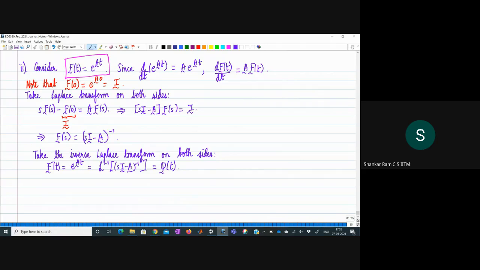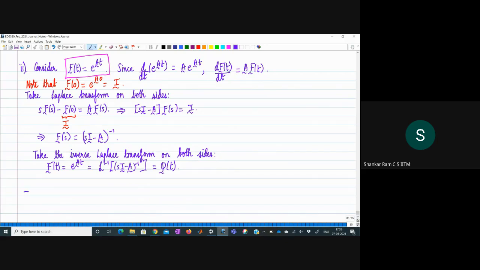So what have we done? By considering this matrix exponential e power At and by using the properties of the matrix exponential, we have obtained that the quantity phi of t, which comes in the solution to that vector homogeneous first order linear differential equation x dot equals Ax, is in fact e power At.